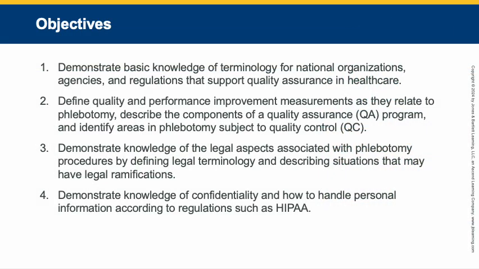The objectives for this chapter are to demonstrate basic knowledge of terminology for national organizations, agencies, and regulations that support quality assurance in healthcare, to define quality and performance improvement measurements as they relate to phlebotomy, describe the components of a quality assurance or QA program, and identify areas in phlebotomy subject to quality control or QC, as you might hear.